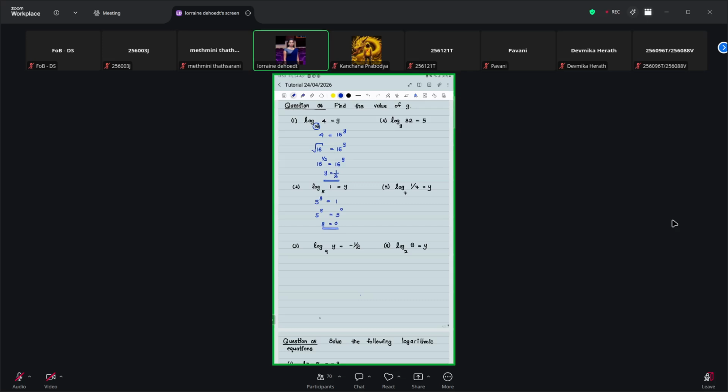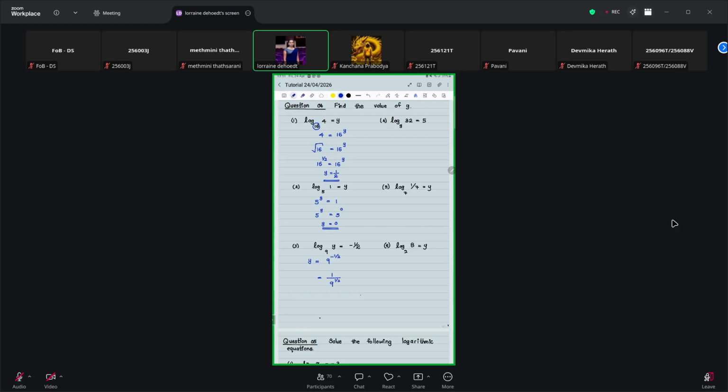Then the third one. In here, you can write this one as y equals 9 to the power minus half. That is the negative power. Now you can write this one as the positive power when you are getting this term to the denominator.